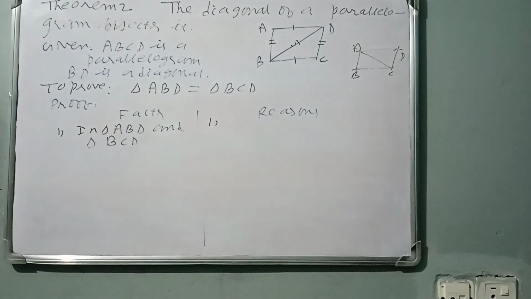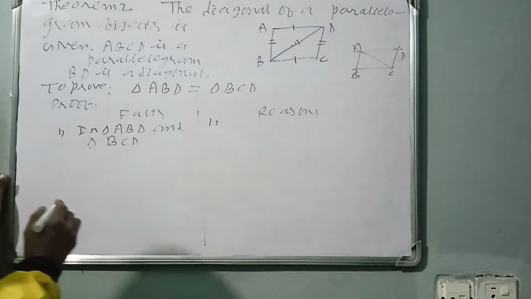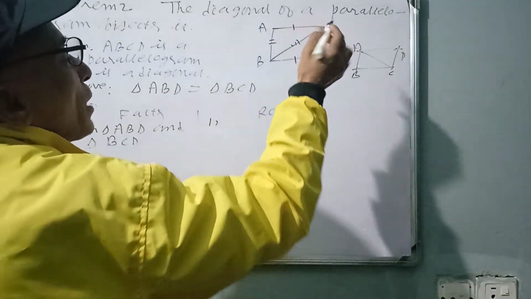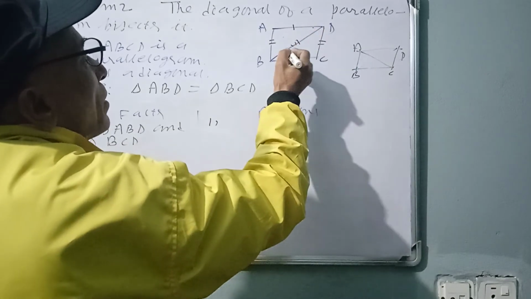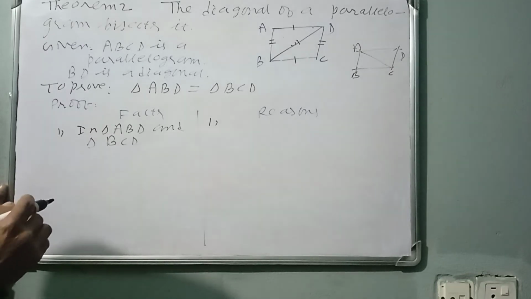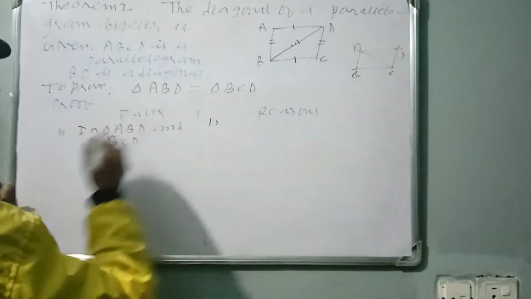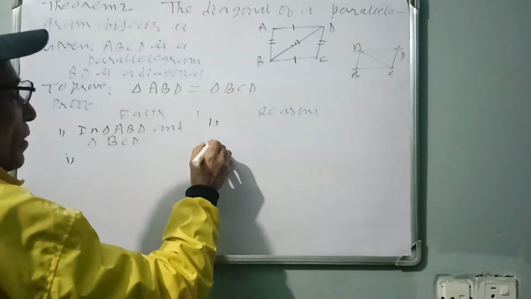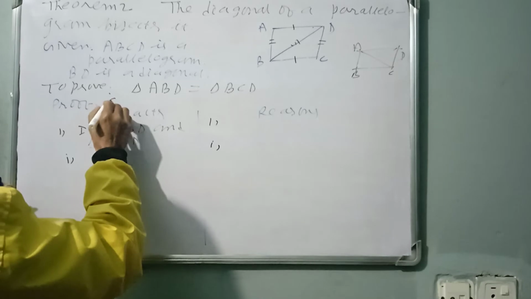From SSS, you can prove it. Either SSS, or you can also prove this angle equal to this angle, side angle side. The opposite angles are equal. You can take any theorem. So use SSS.